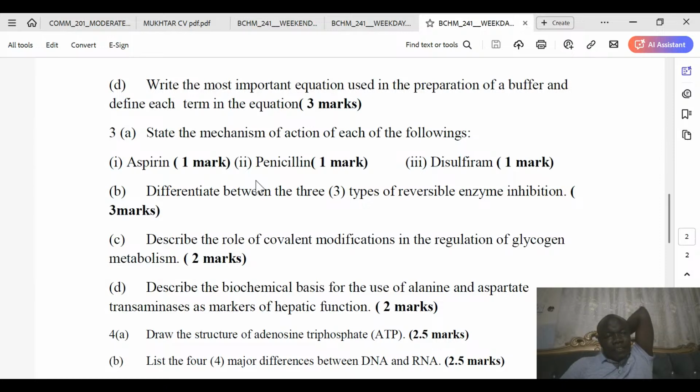For the preparation of a buffer, I think this one will take us time, and there is an equation called the Henderson-Hasselbalch equation. I don't have the equation here, so maybe I'm going to drop a video on this next time.